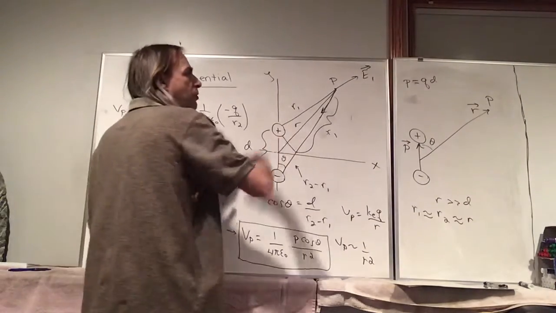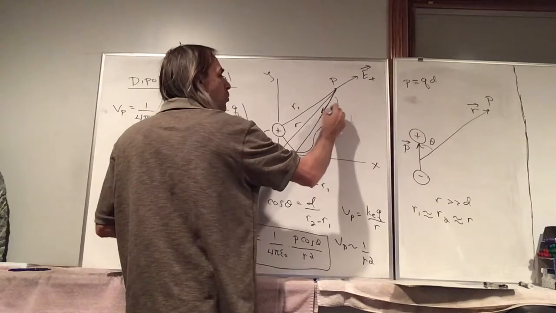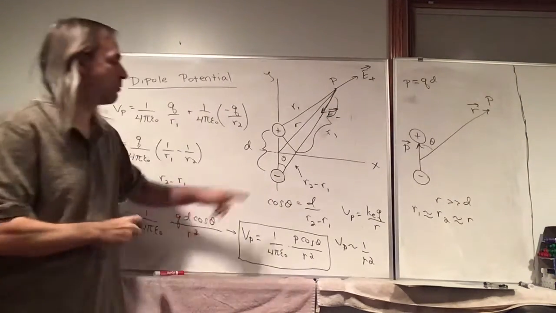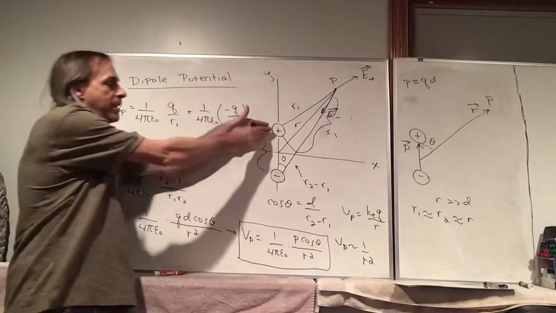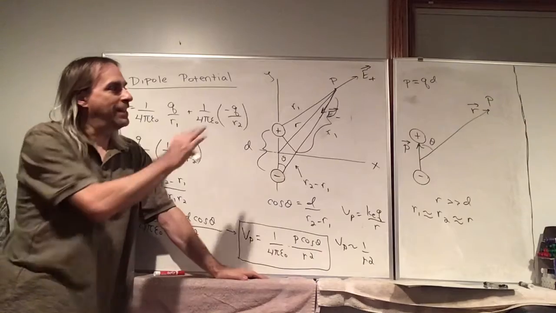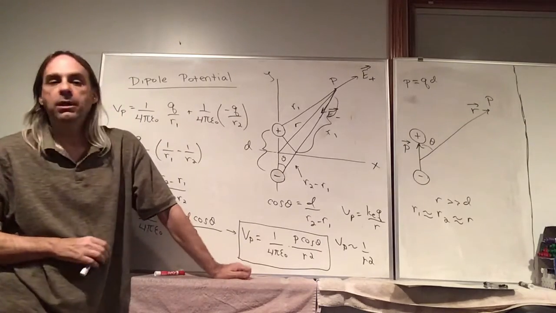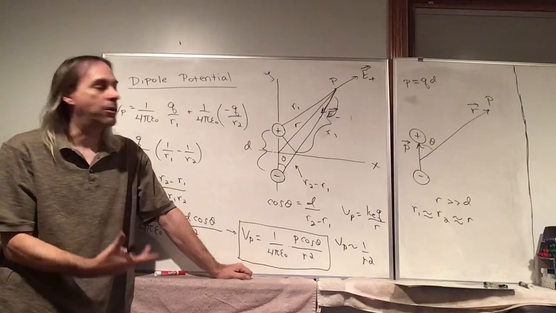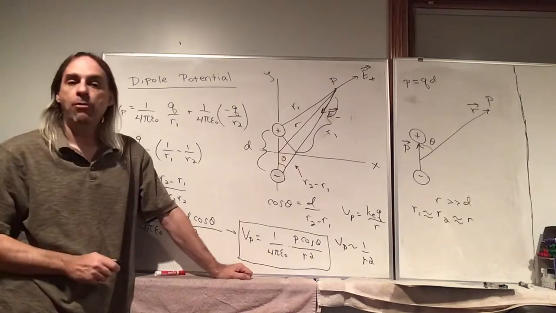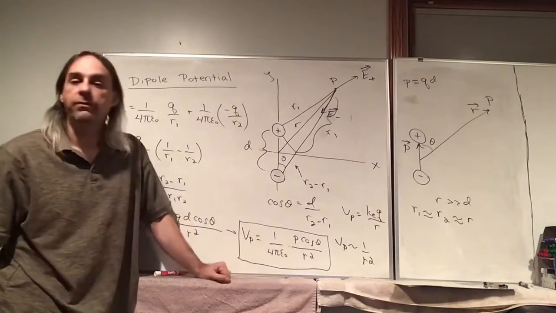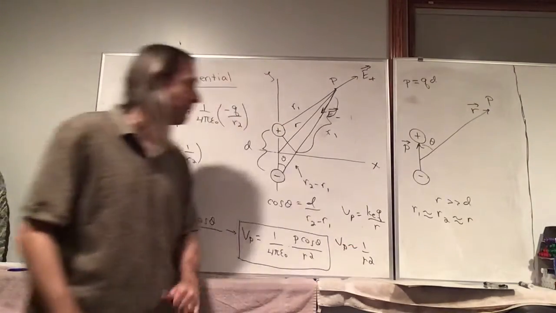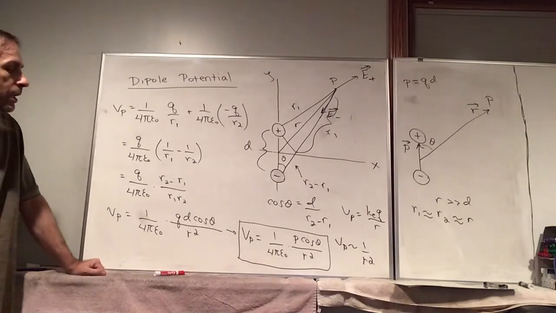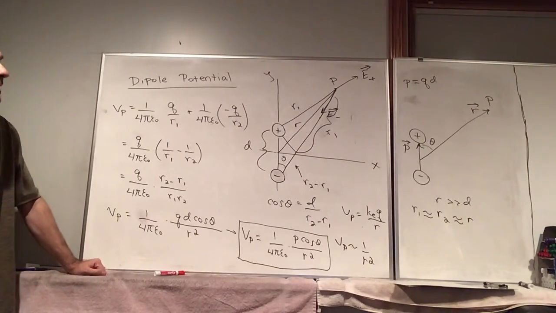The field due to the negative charge is a little bit weaker because it's farther away, and they don't perfectly line up because of the separation. But these two vectors mostly cancel out. So the electric field and the electric potential around a dipole are much smaller. The potential drops off by this inverse square law, and we saw earlier the electric field goes as an inverse cubed law. So that's it for electric dipoles.